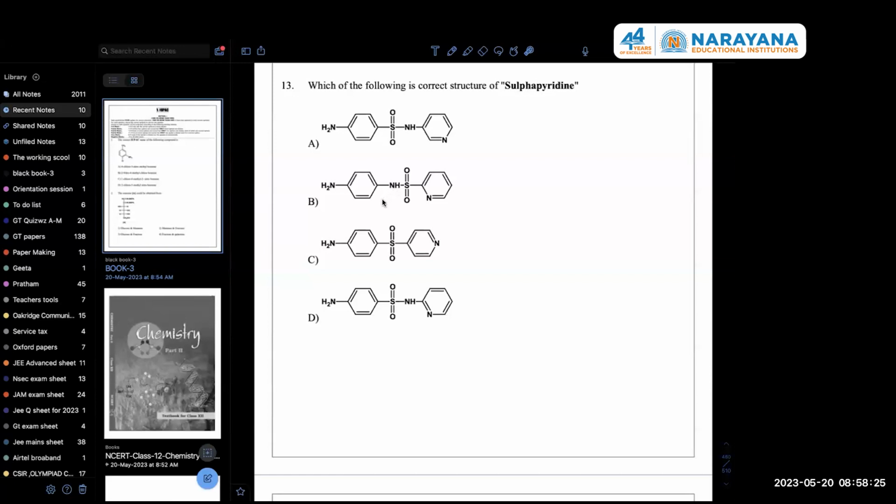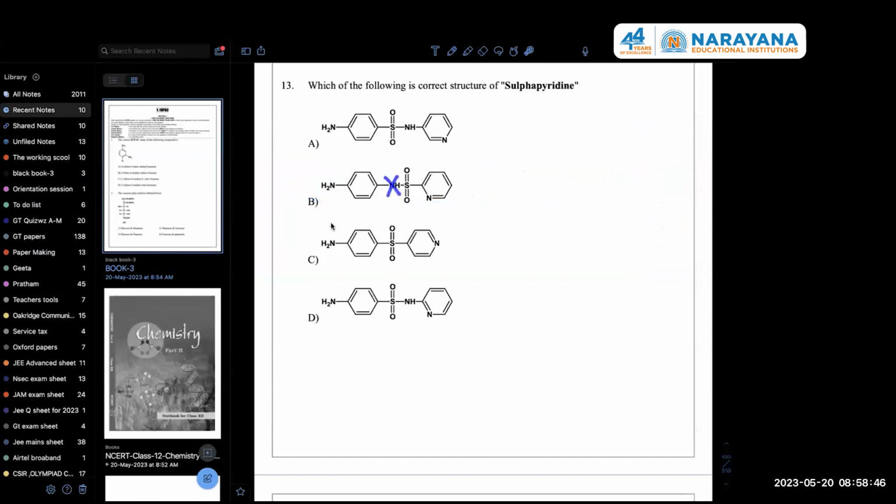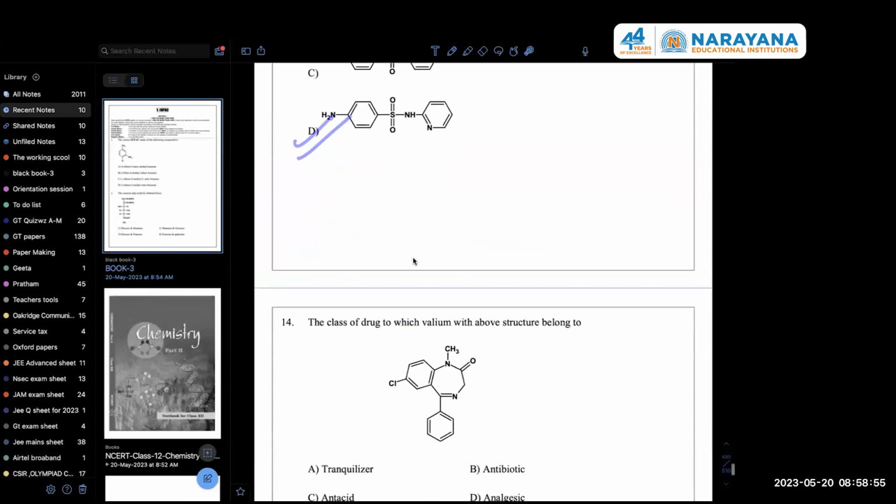The rings are exchanged, because NH should go on the right side of SO2, because the basic component is sulfanilamide. For sulfanilamide, it should be like SO2NH2, then it will attack on the pyridine structure. So sulfanilamide is the main component. That is why NH should not be here. With NH2, first we should have this SO2NH2 condition that will attack on the pyridine. Very good. So the answer is D only.